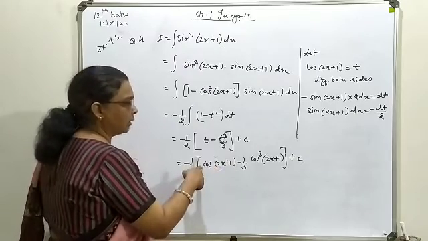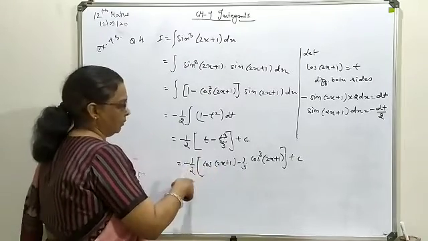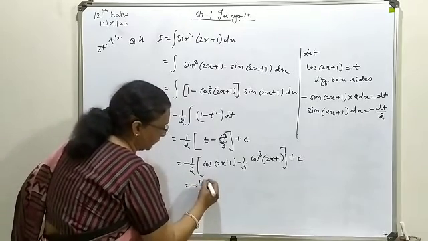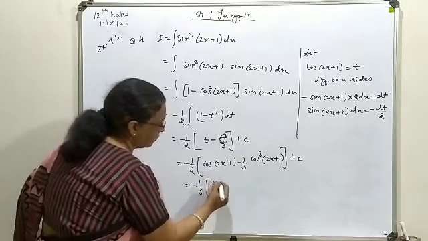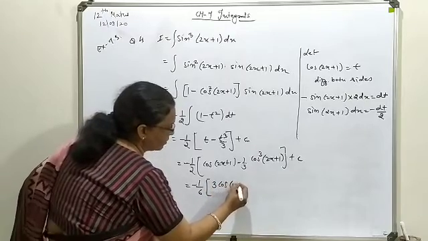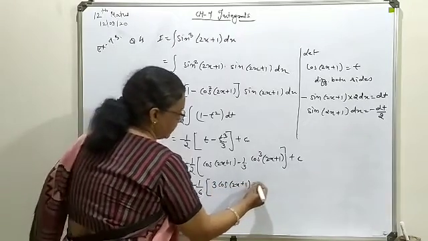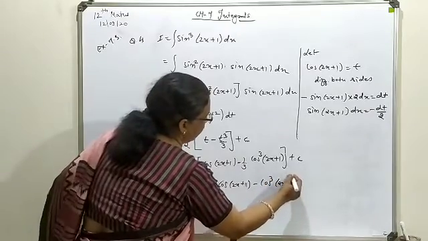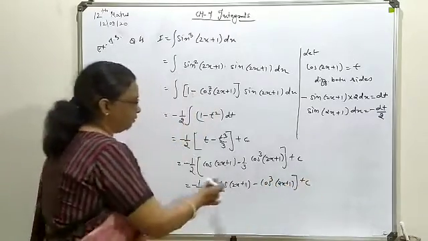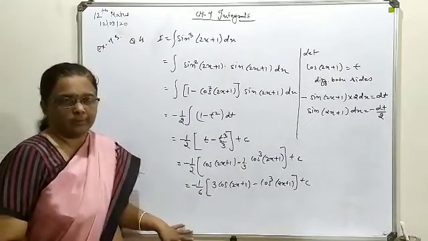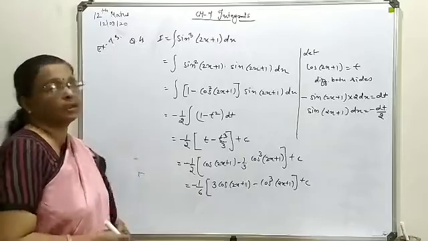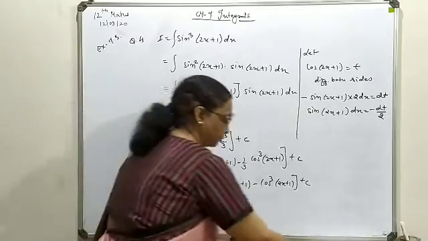Here you can also take an LCM. So the more convenient form is minus 1 upon 6 times [3 cos (2x plus 1) minus cos cube (2x plus 1)], and you can also adjust the minus here for a more appropriate form. So this will be the final answer form for this single term.